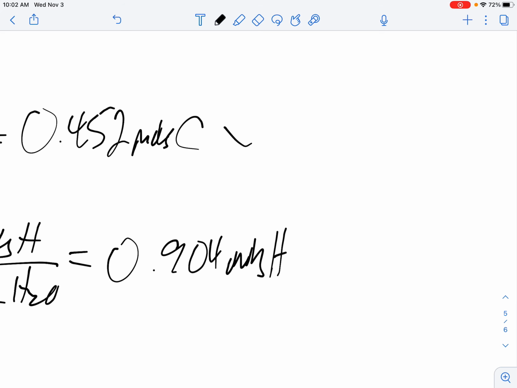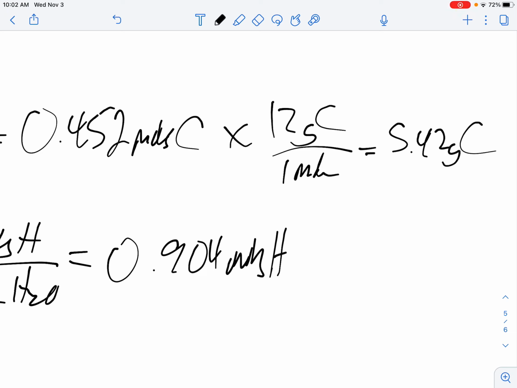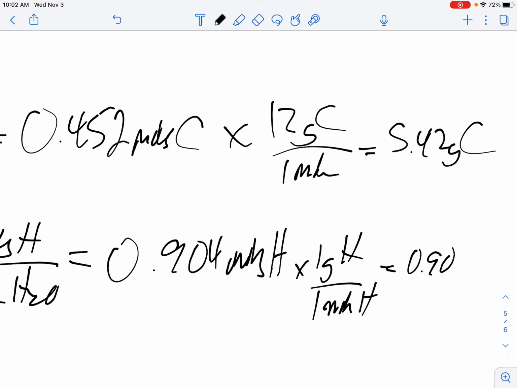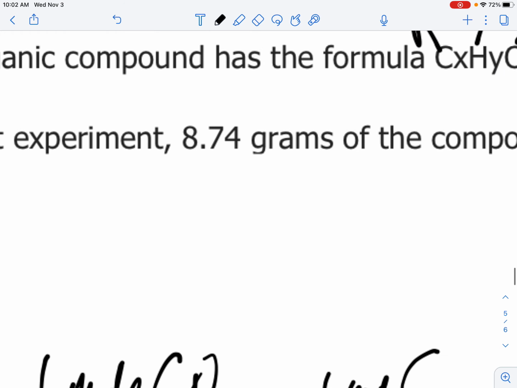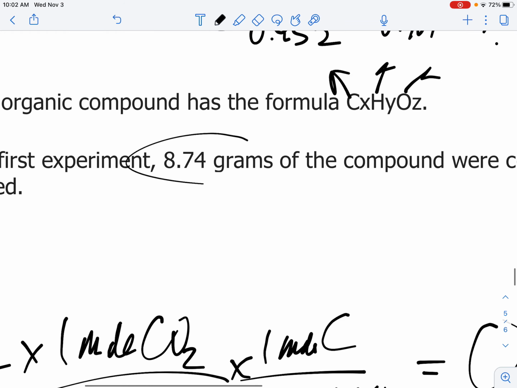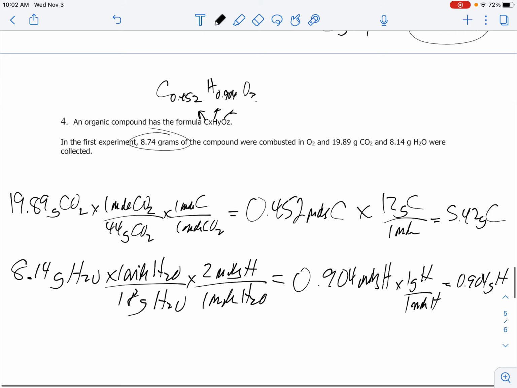So I'm going to take this to the next step. I'm going to multiply that by 12 grams per 1 mole. So 0.452 times 12 gets me 5.42 grams of carbon, and hydrogen weighs 1, so that's 0.904 grams of hydrogen. So what did they tell us? They told us that the experiment contained 8.74 grams of my compound.